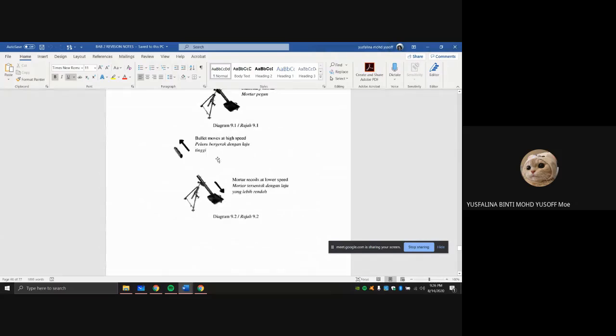This one seems like the pistol, right? The magnitude is the same, but the direction is opposite. The direction of the bullet and the motor is opposite, but the value or magnitude of the momentum is the same.